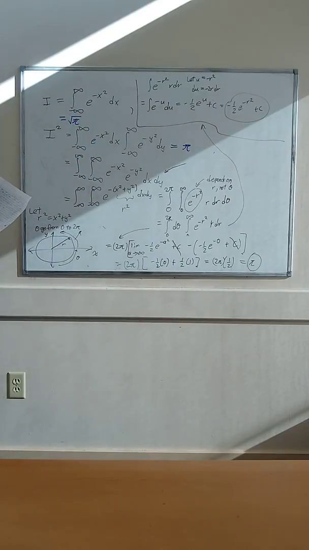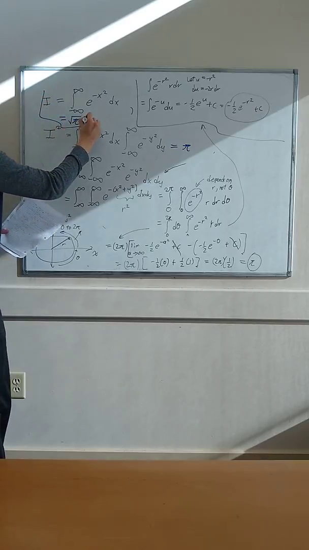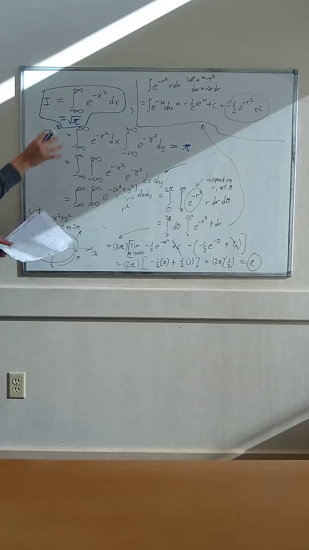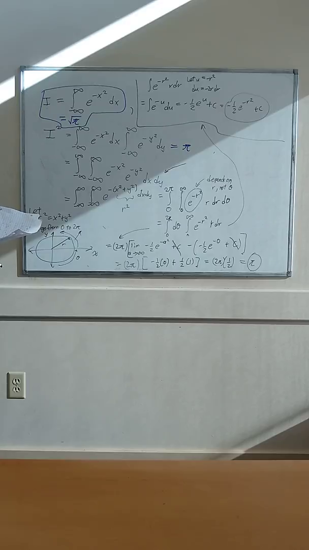Okay, so this is our answer. But why? What are we doing behind all of this crazy work right here? Well, we actually have to talk about Fubini's theorem and coordinate transformations first.